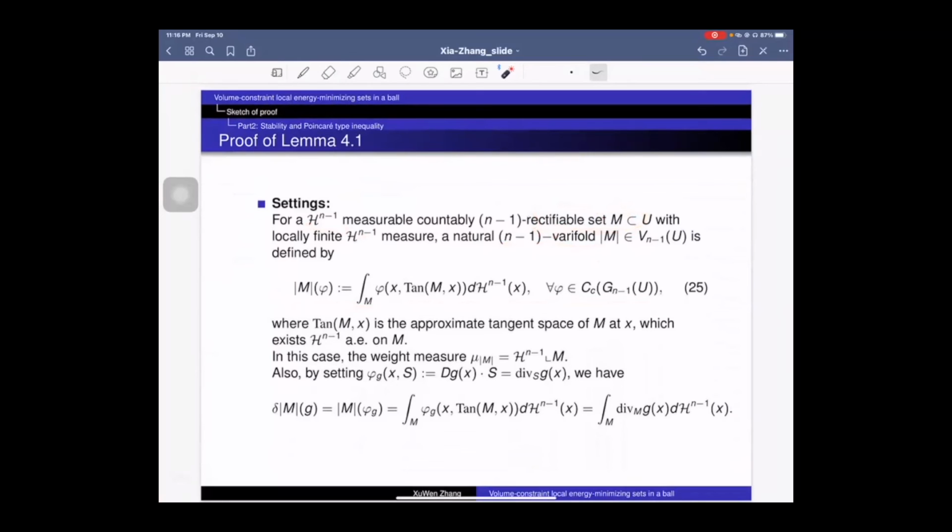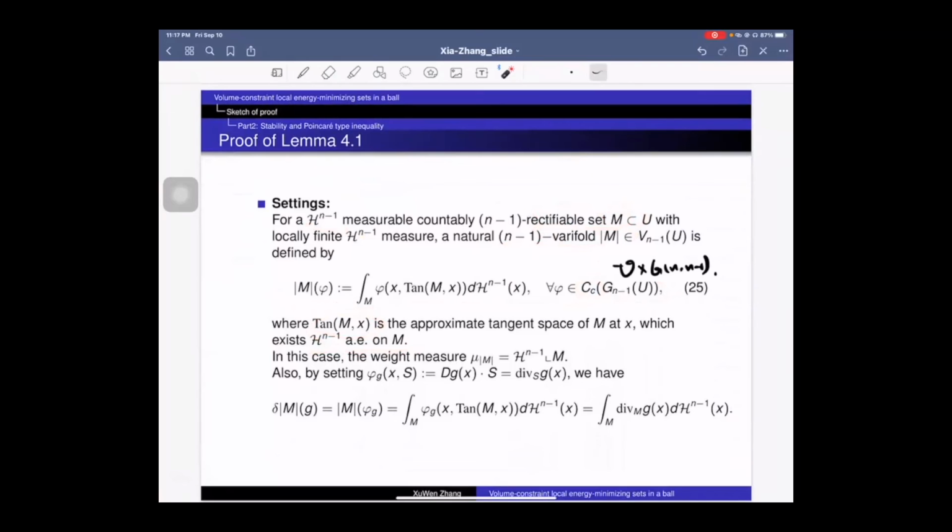Here phi is taken to be any continuous function with compact support on the product space U times the Grassmannian. And here, the tangent space T_x M is the approximate tangent space of the rectifiable set, so it exists for H^{n-1} almost everywhere on M.